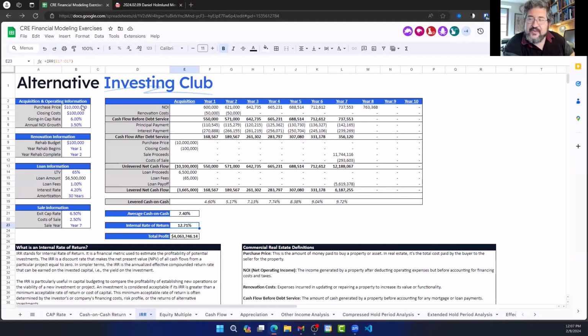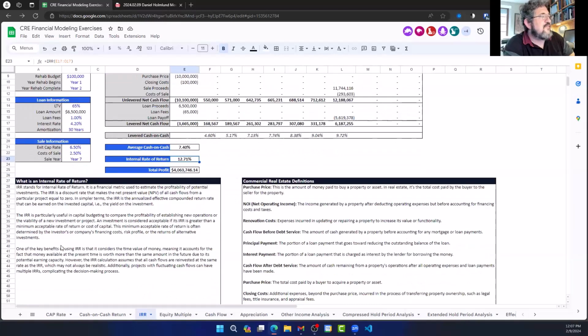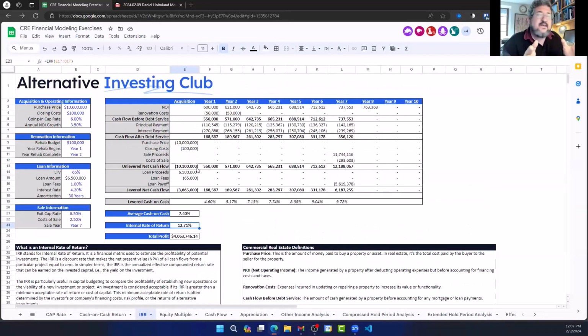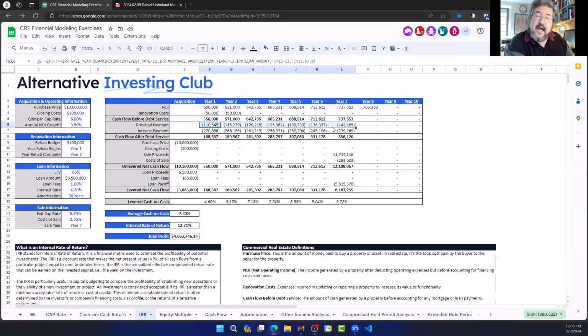Now, internal rate of return can be kind of difficult to understand when you're new to the industry. The internal rate of return, and I've got a big definition down here, is a financial metric that analyzes, basically, every cash flow that a particular property generates, including the initial cash in, any cash flows during the life of the property, as well as the cash coming out of the property.